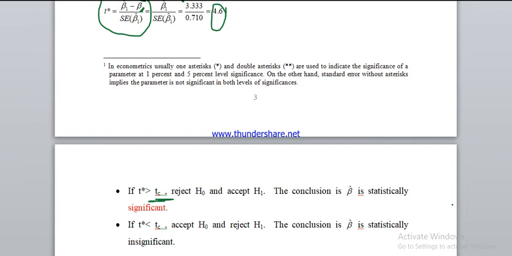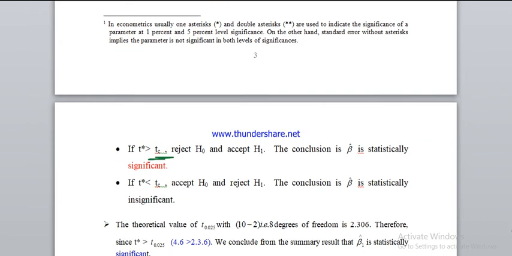Using the t table, you can read using the 5% level of significance and the degrees of freedom, n minus k, where n is the number of observations and k is the number of parameters. In this case, we have only one independent variable, and also, of course, the intercept.